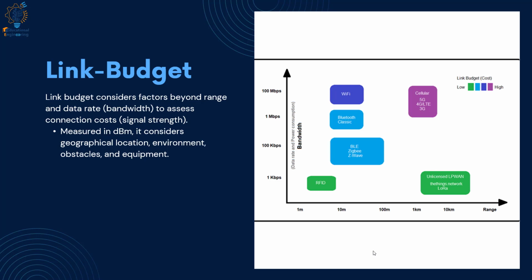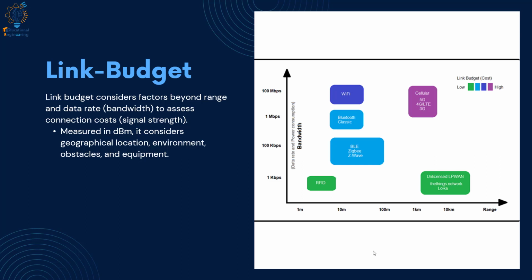Additionally, amplifier gain, antenna gain, and impedance mismatch between cables and antennas can influence signal strength and receiver sensitivity. So, numerous variables contribute to the overall link budget calculations.